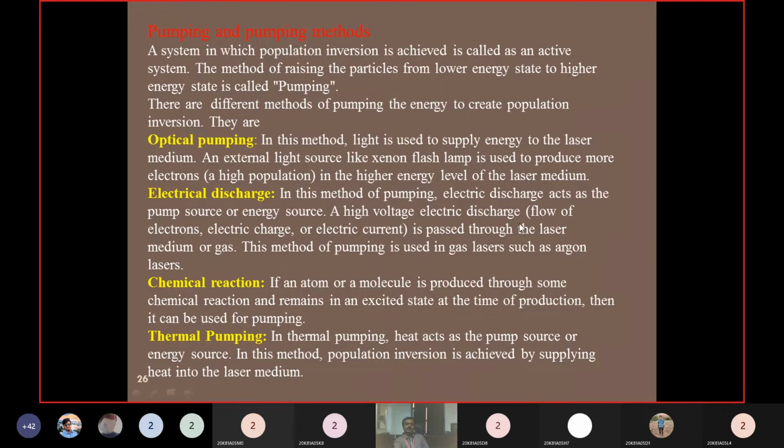The method of raising particles from a lower energy state to a higher energy state is called pumping. What is the definition of pumping?